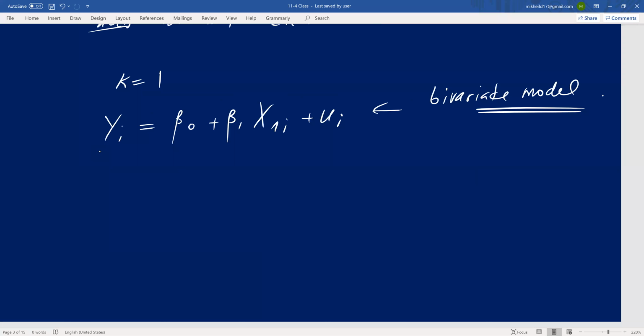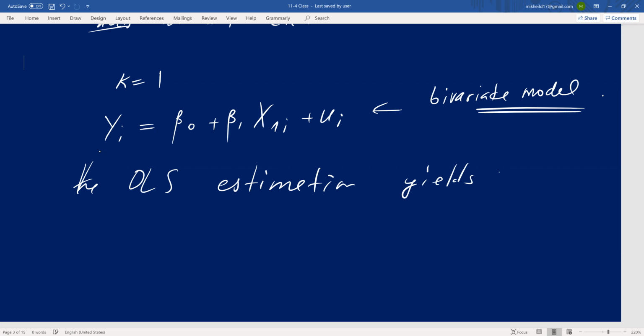And then we do the OLS estimation, and we get beta hat 1, which is equal to something, and beta hat 0, that is equal to something.